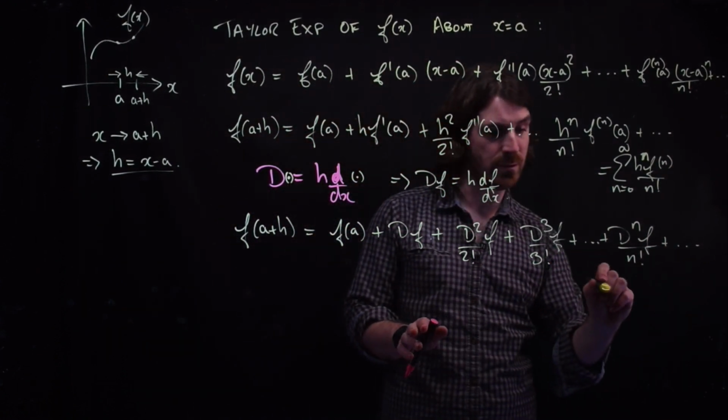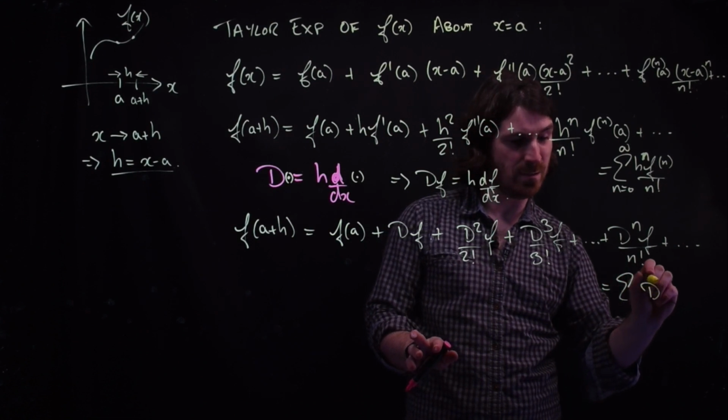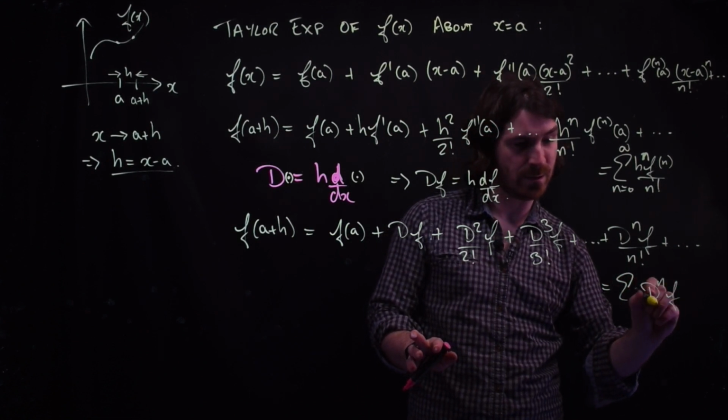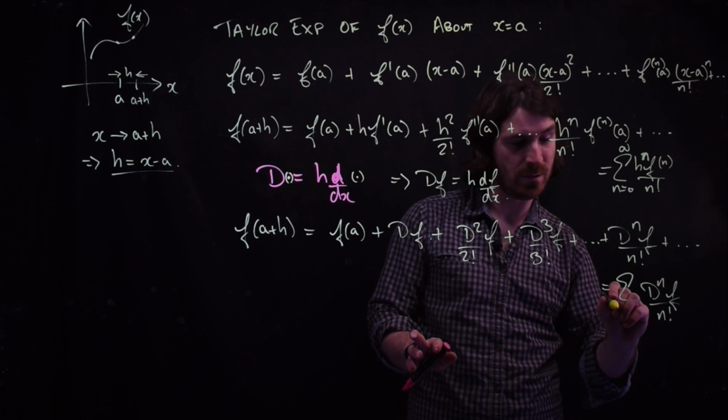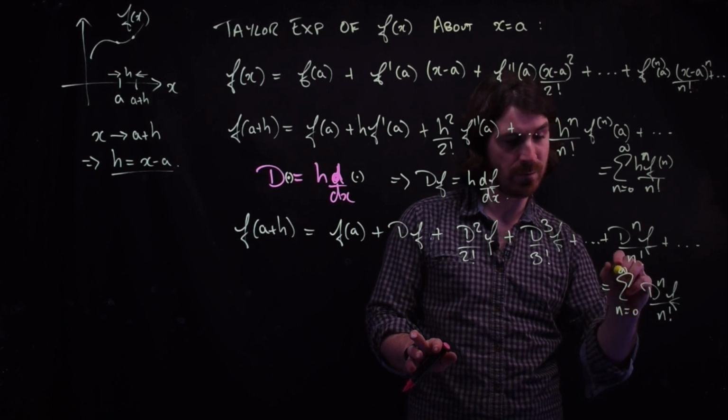So this equals the sum of d to the n acting on f divided by n factorial, n equals 0 to infinity.